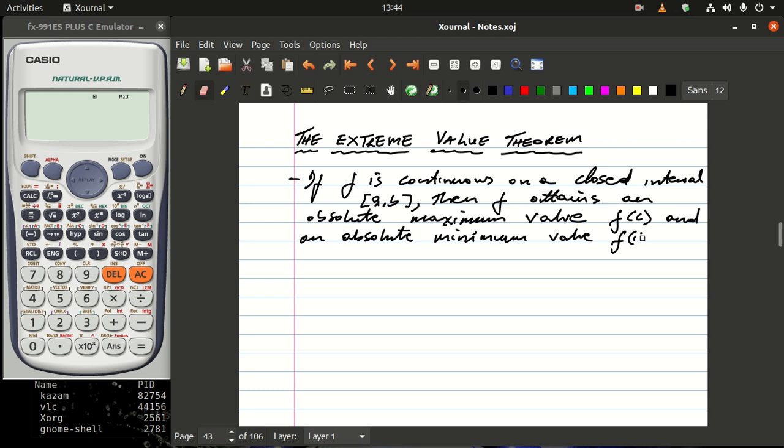No, this one is not going to be c again, it is d, unless they are equal, at some points c and d in a and b.